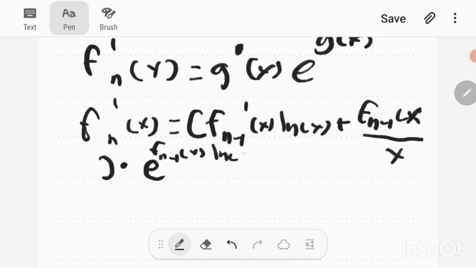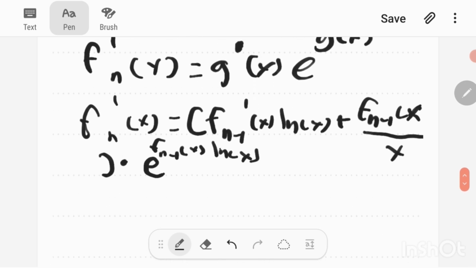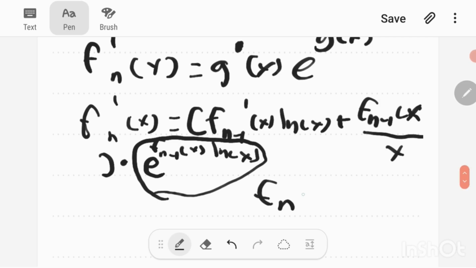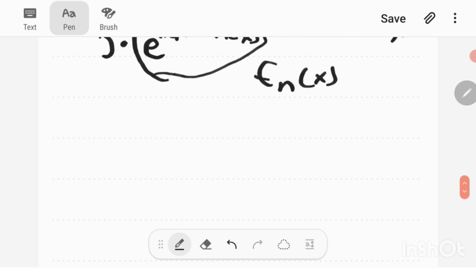There we go, ln of x. But note that this form over here, e to the power f_{n-1}(x) ln of x, is our original f_n of x. So we can substitute that for our final representation of the derivative of x tetrated to n.